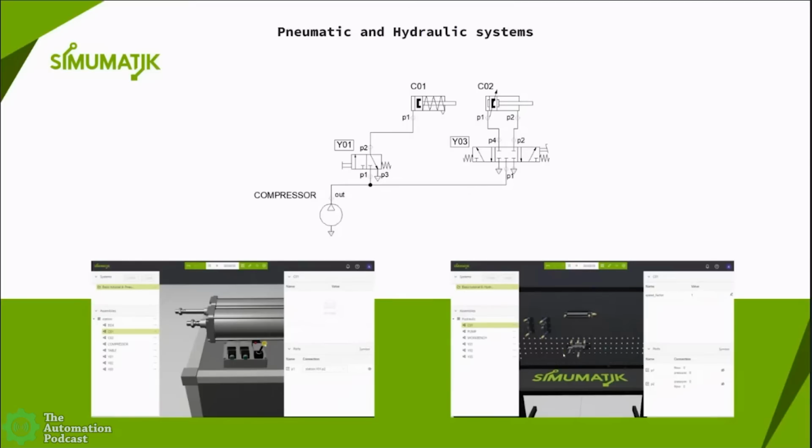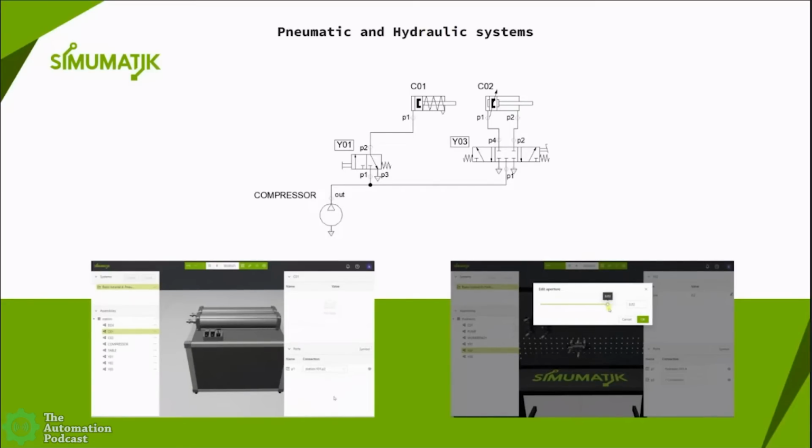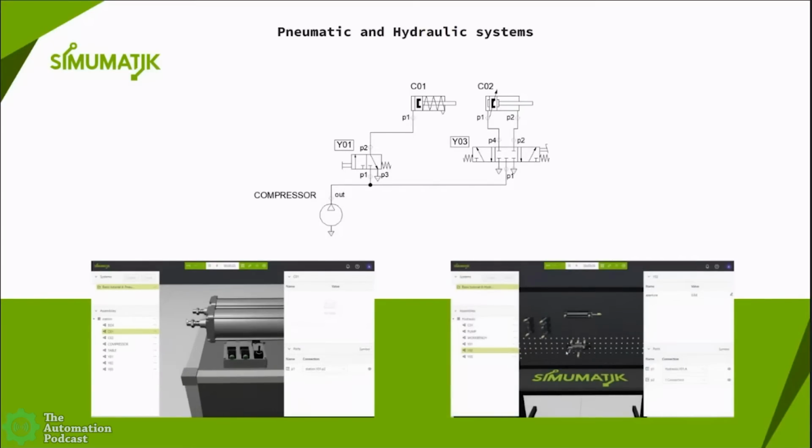So basically, you build the same system as in reality, but then these input and output signals in the PLC component in Simumatic will be read and written from the real PLC or a soft PLC that you have programmed.